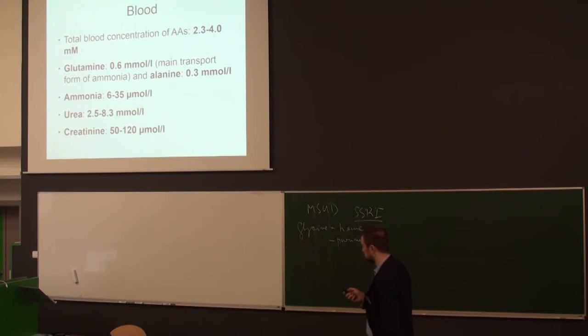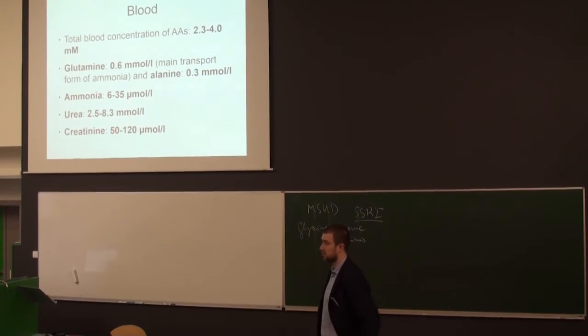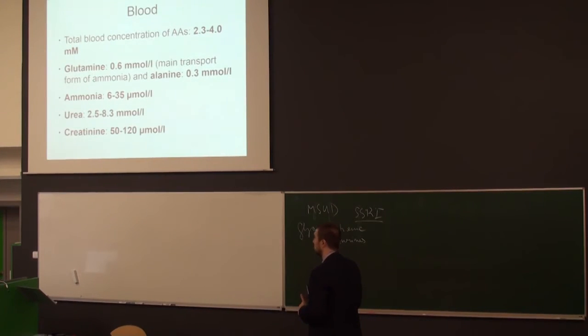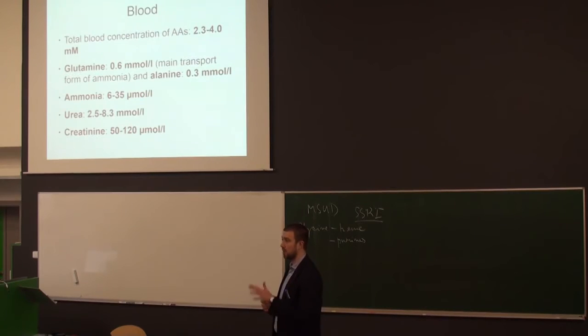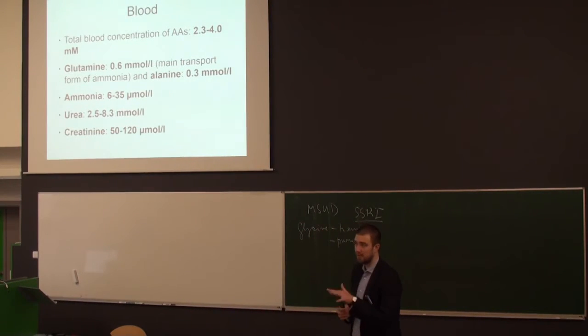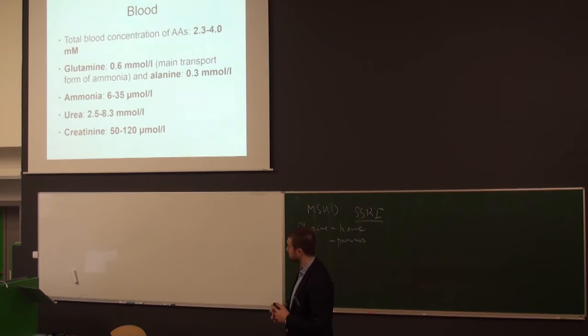And then you should know the concentration of 3 waste products that are typically transferred from your body to the kidneys for excretion. And that's ammonia, which, as you know, has the lowest concentration since it's toxic. So the maximal value should be around 35-40 micromoles.